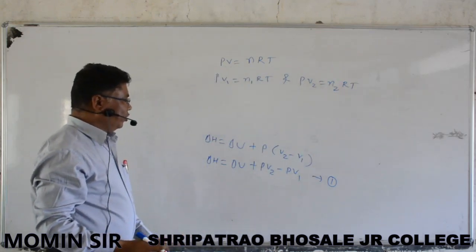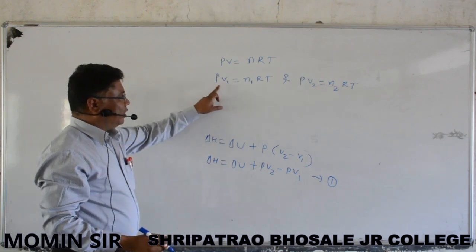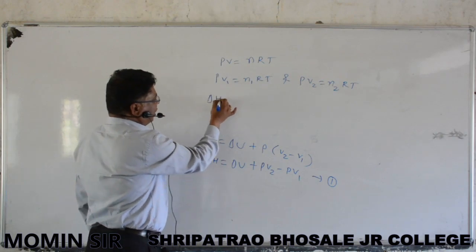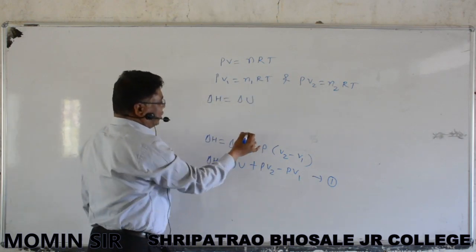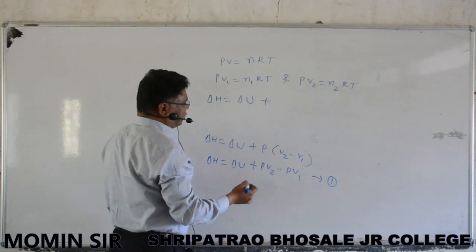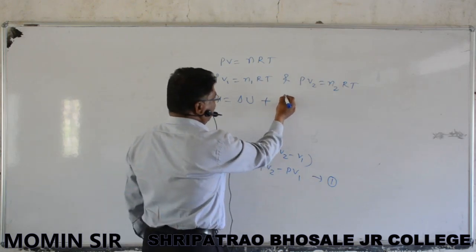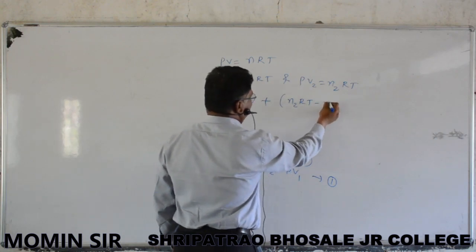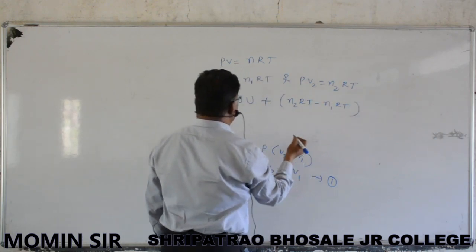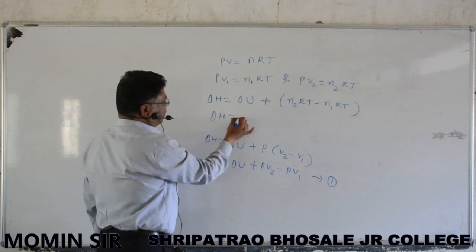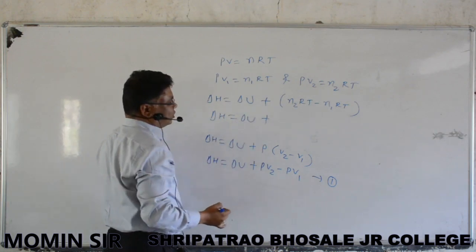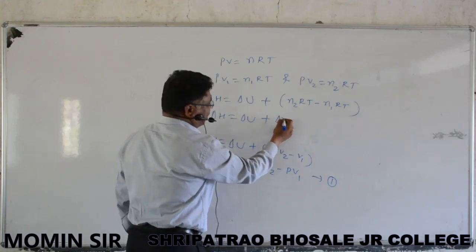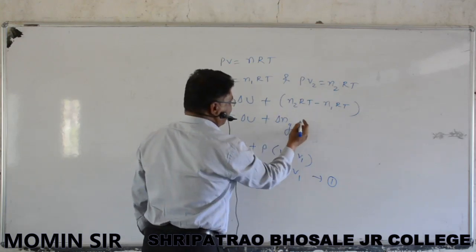Then when we put these values of PV1 and PV2 in this equation, we get delta H is equal to delta U plus N2RT minus N1RT. Here, delta H is equal to delta U plus (N2 minus N1), that is delta N gaseous, RT is common.